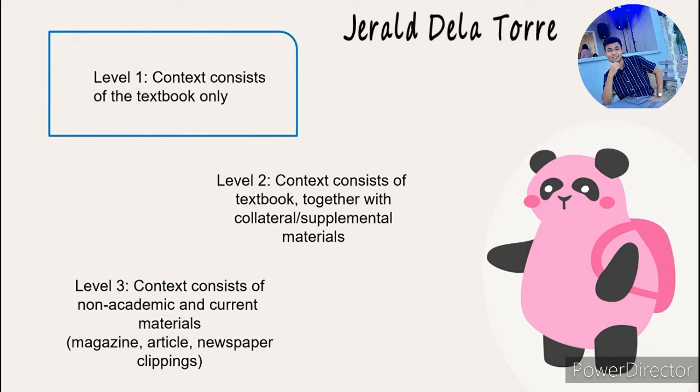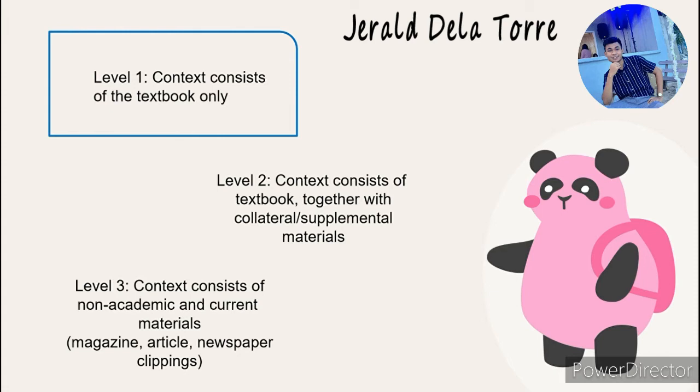Context consists of the textbook only, and this includes the predominantly verbal, no problem-solving experience, lacks dynamic appeal, and limited verbal response to verbal stimuli. This level 1 is the instruction through the use of textbook. It is predominantly verbal because it is limited to questions from the text.